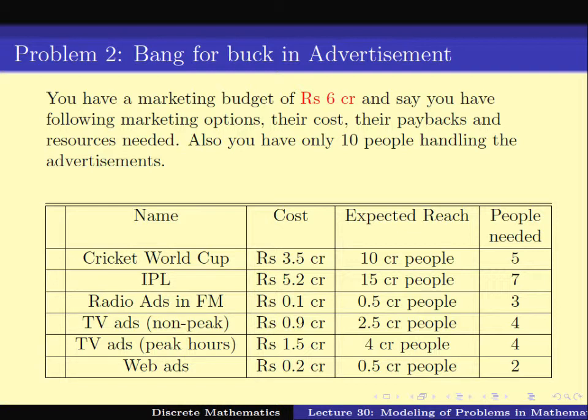Your goal is to reach as many people as you can, under the condition that you don't spend more than 6 crore and you don't need more than 10 people. So what is the typical way in which we can start modeling it?